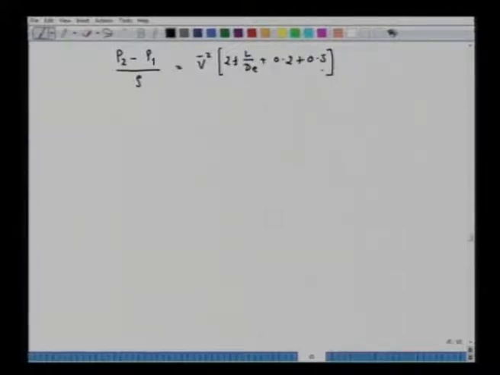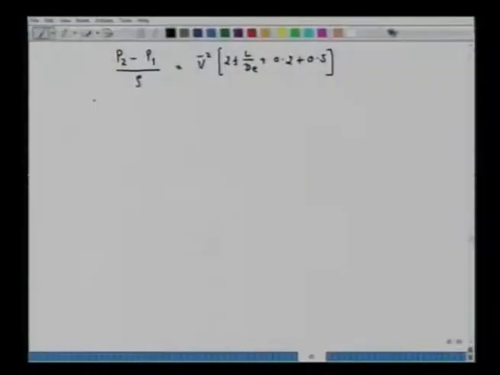Now, since d is not known to us, the cross sectional dimension is not known to us, so it is an unknown variable, and hence we cannot calculate V bar and dE as we were able to in the previous problem.